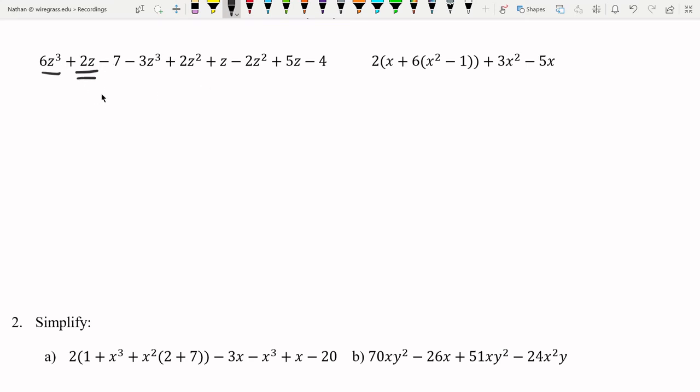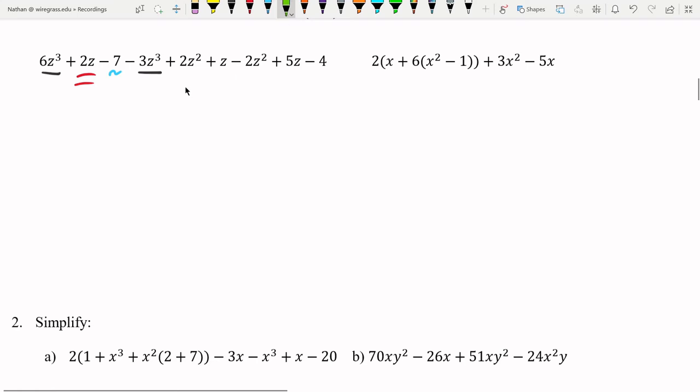I could also give it a different color, like I could do red instead. Here I have 7, so that's a different color again. I have z cubed again, so that's going to be the same color, black. Or if it helps, you can mark it with different lines, so like straight lines, double straight line, curvy line.